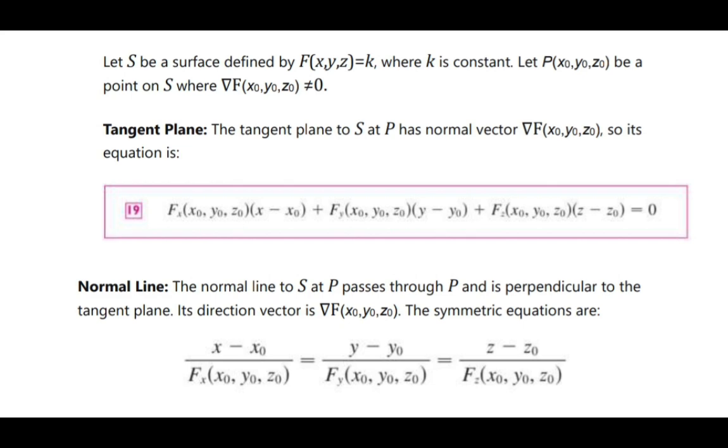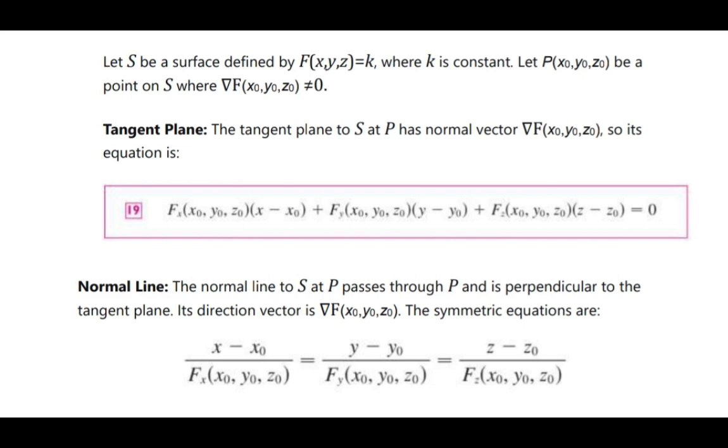Other books indicate it the same way, like x₁, y₁, z₁, but it is still the same. The normal line to S at P passes through P and is perpendicular to the tangent plane. Its direction vector is like this.